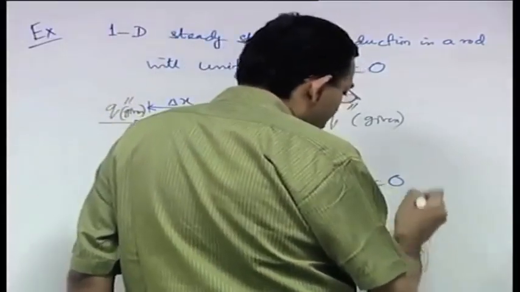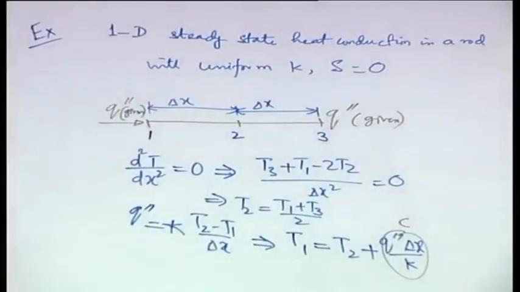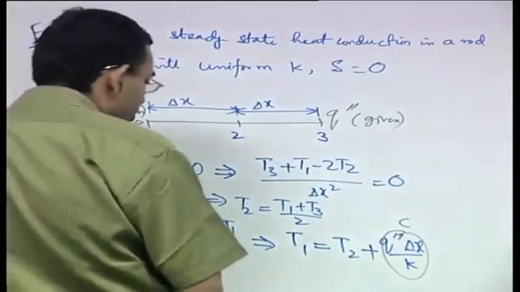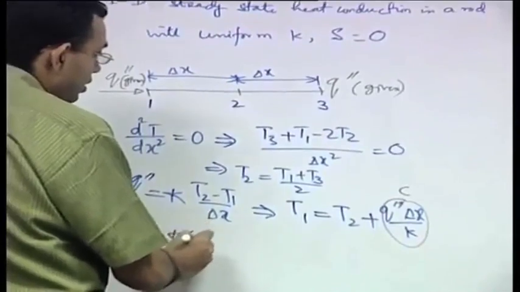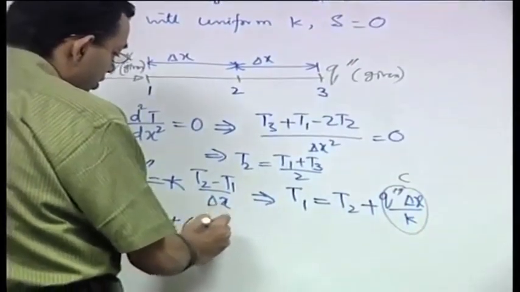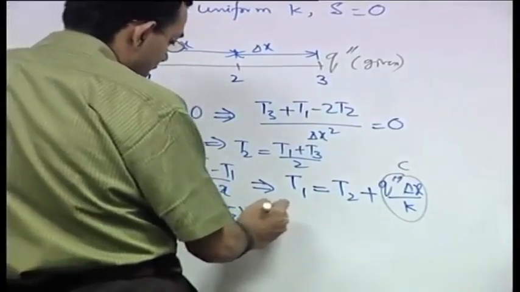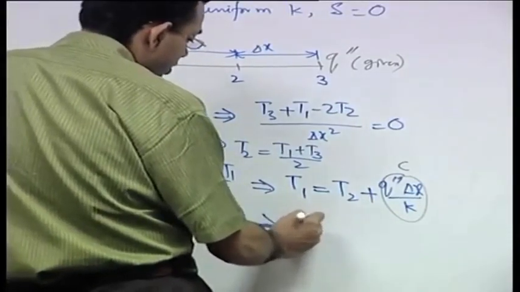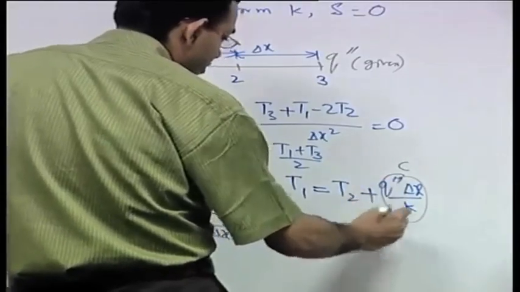Just for symbolic notation, let us call it C, some constant. Similarly, at the right boundary you have Q is equal to k into (T2 minus T3) by delta x, that means T3 is equal to T2 minus C.